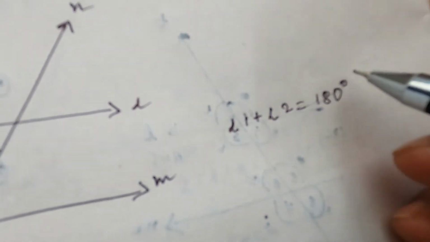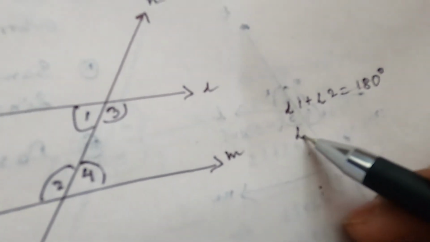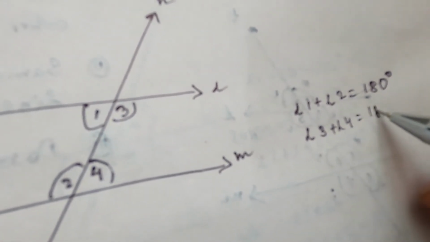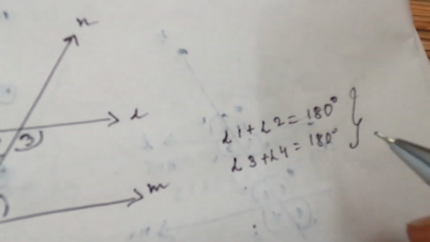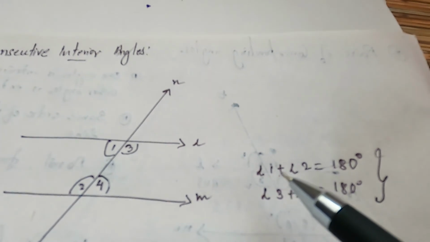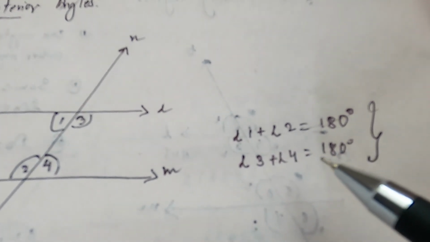So angle 1 plus angle 2 is equal to 180, and angle 3 forms consecutive interior angles with angle 4. So angle 3 plus angle 4 is equal to 180. Alright, so these are the pairs of consecutive interior angles. Very simple.